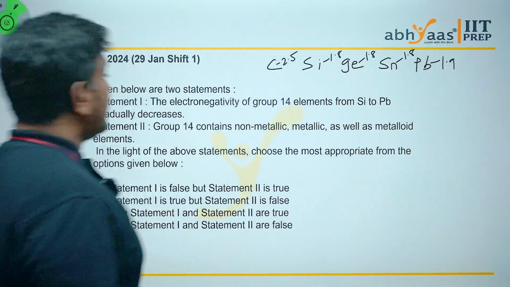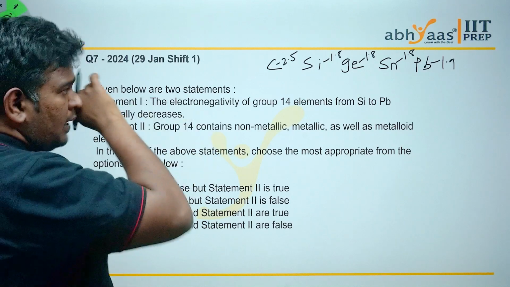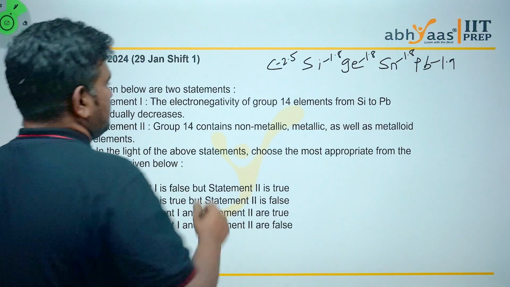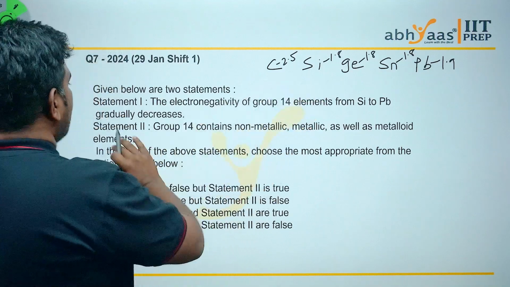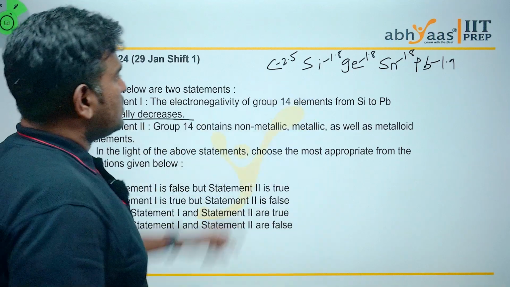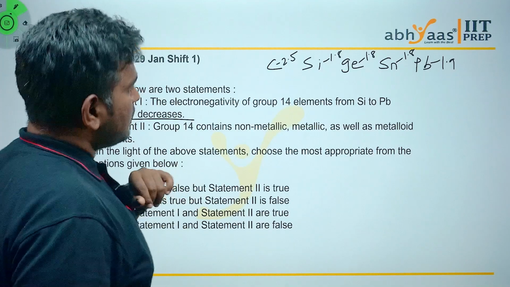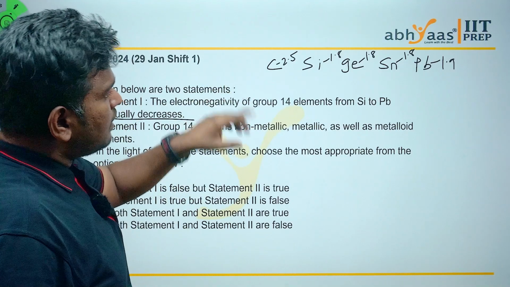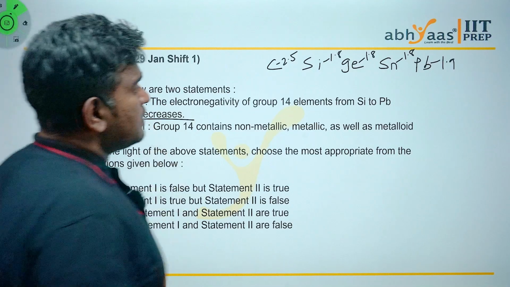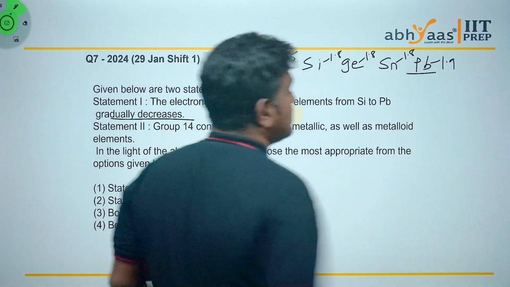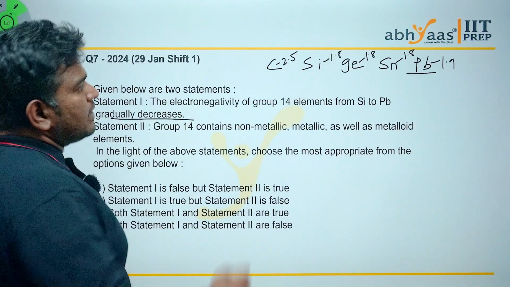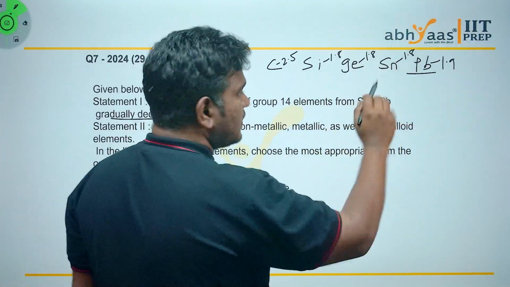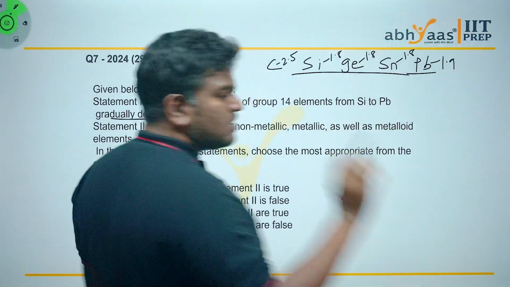These are the electronegativity values, right? So in this case, you can see that it is not gradually decreasing. First we are having 2.5 for carbon, then it is 1.8 for silicon, germanium and tin. And at last, lead, Pb is having 1.9.